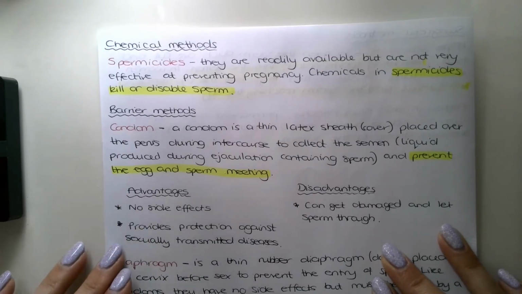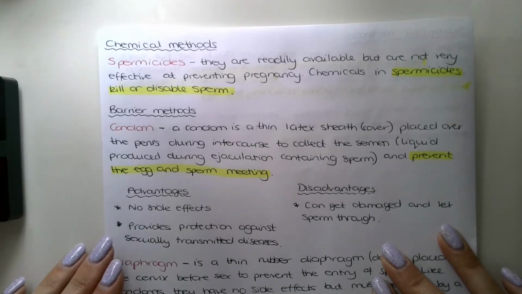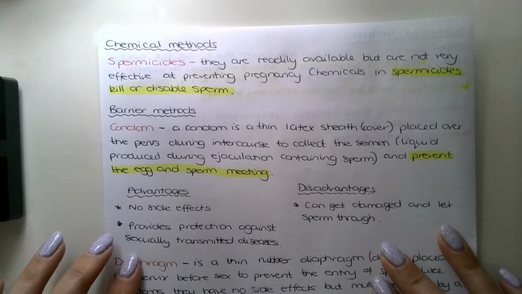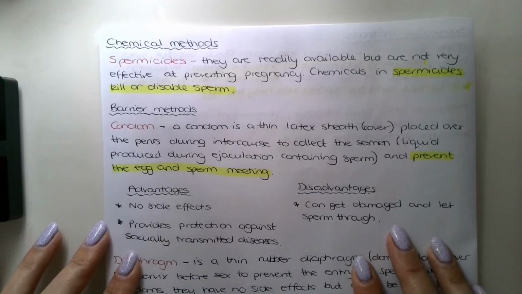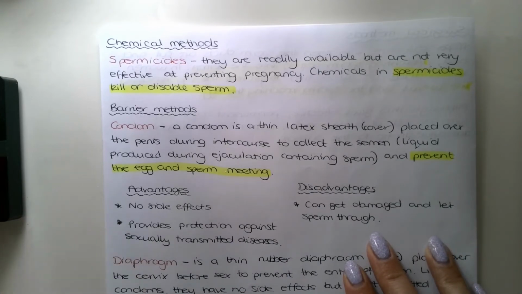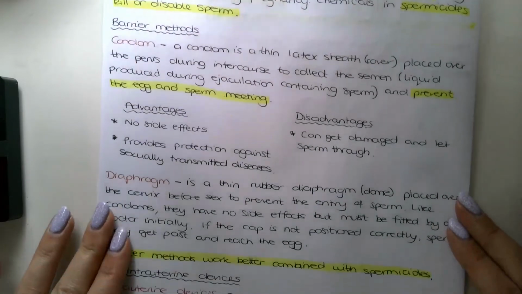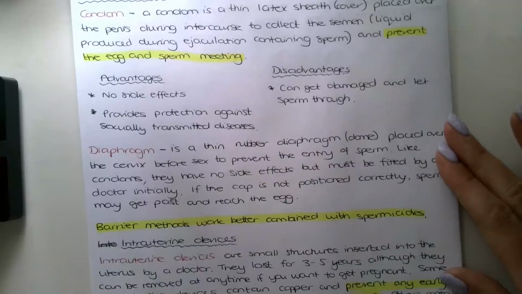Advantages: there are no side effects, and it also provides protection against sexually transmitted diseases such as AIDS or syphilis or other STIs. A disadvantage is that the condom can get damaged and let sperm through. If a condom has been kept in a place where it's been rubbed or in contact with something, it could get holes in it, so they can get damaged quite easily. The next method is the diaphragm.